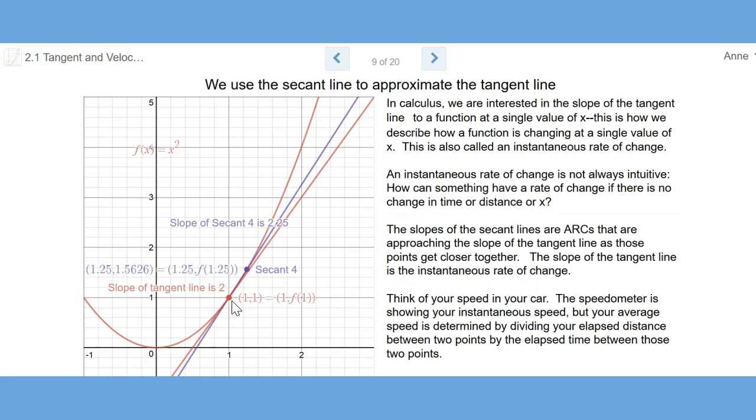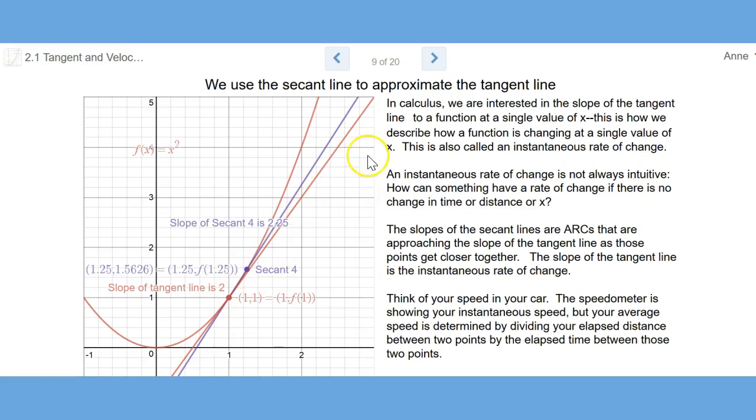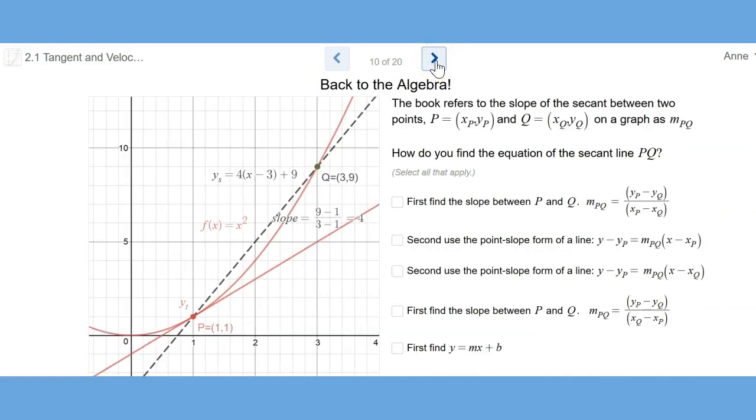Instantaneous rate of change is not always intuitive, because what's changing? X isn't changing anymore if I'm just at one point. An instantaneous rate of change is the slope of the tangent line to a function. We'll talk about that a little bit more in a minute. So now let's look at how the book refers to all this.